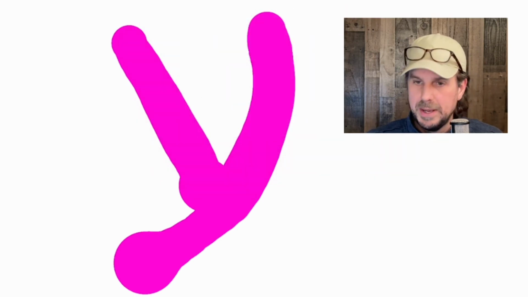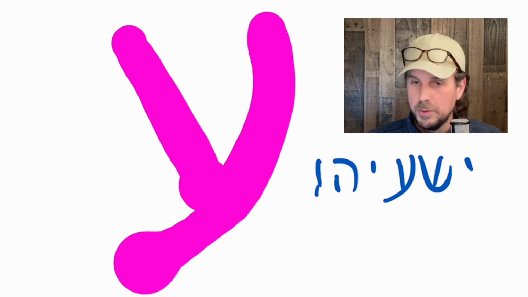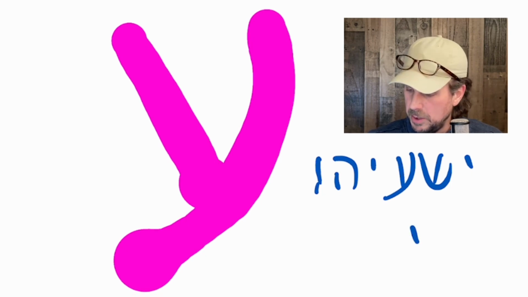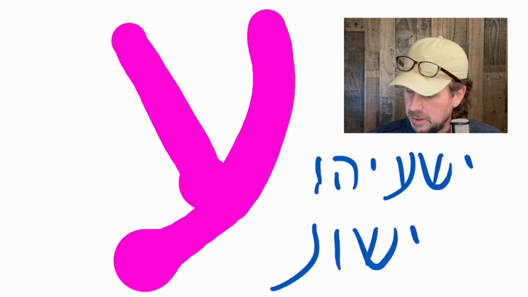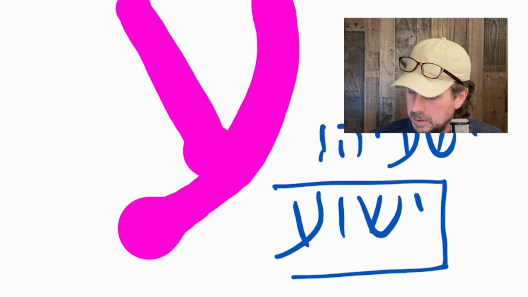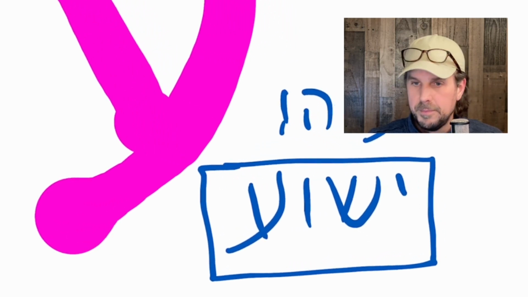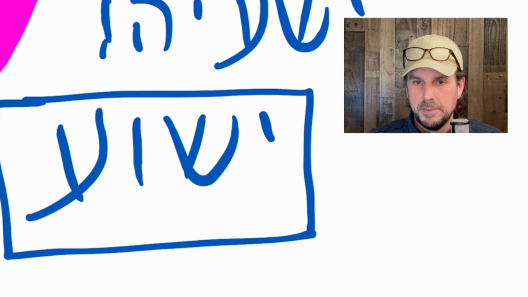Now that Shin we haven't learned yet, but Yeshayahu. Shin we'll learn. It's also in the name, of course, Yeshua. Yod, Shin, Vav, Ayin. It's the last letter here in the name Yeshua. Make that nice and big.